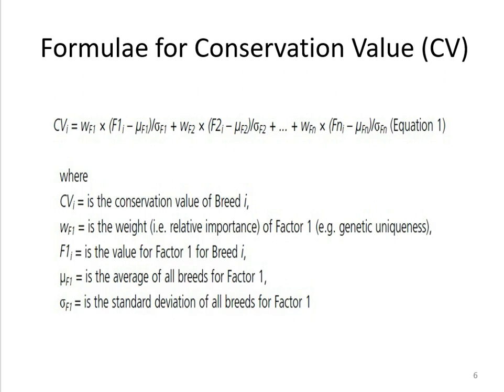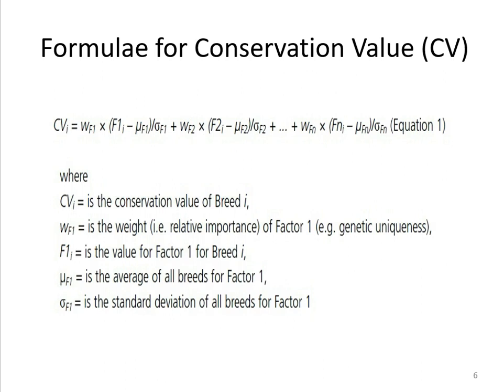That would be F1I, and mu F1 is the average of all breeds for factor 1. Mu is always the average. Sigma F1 is the standard deviation of all breeds for factor 1. So we need the value of each factor for each breed, and the overall mean and overall standard deviation.